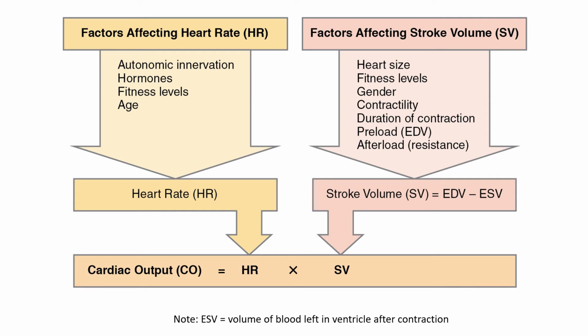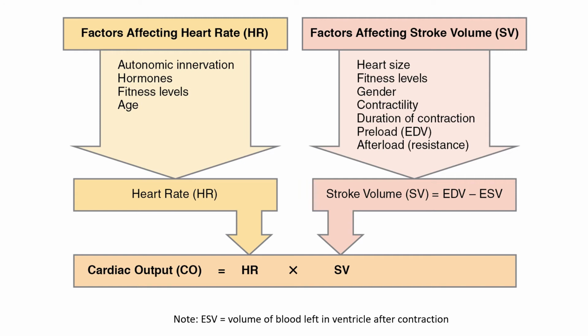This can be related to how much the ventricle relaxes between contractions. If it relaxes more, more blood might be able to enter, and then we have more blood to push. Likewise, this can be affected by how competent the atria are when they contract. Do they completely empty? Do they push all of the blood that they could into the ventricles? Afterload refers to resistance.